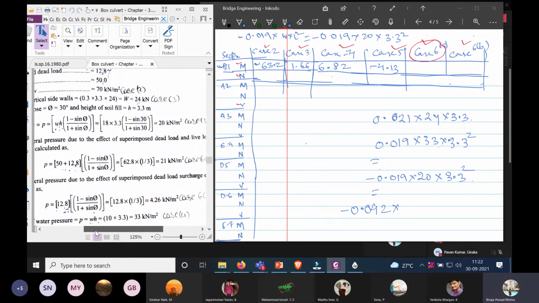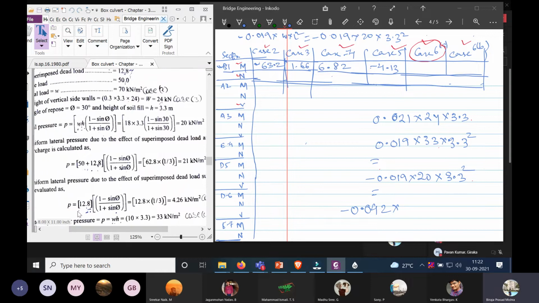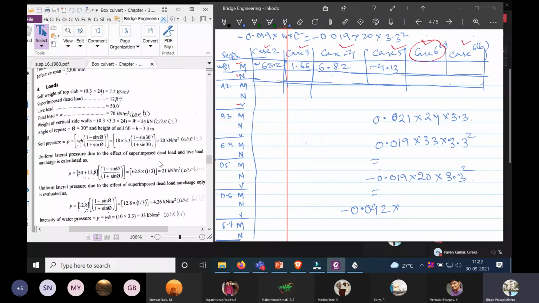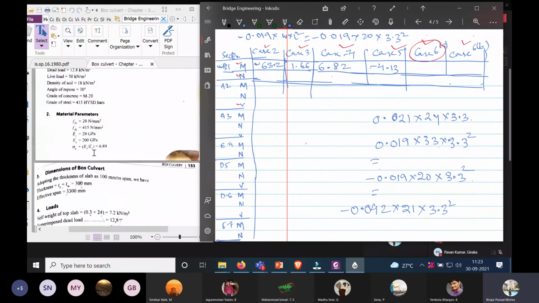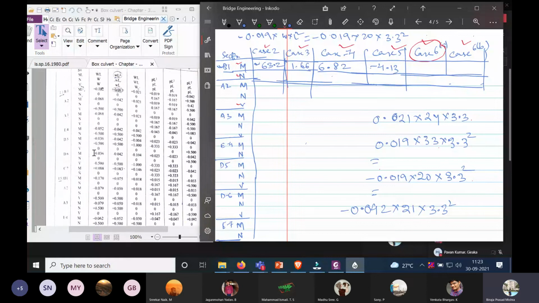It is the uniform lateral soil pressure due to the dead load and live load surcharge. That is coming as 21 kilonewton per meter square. So it is 21 into 3.3 square.